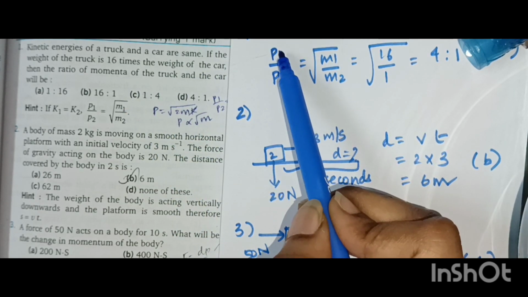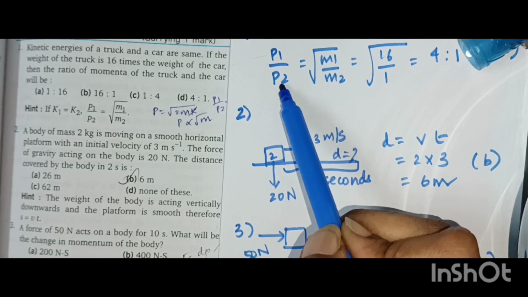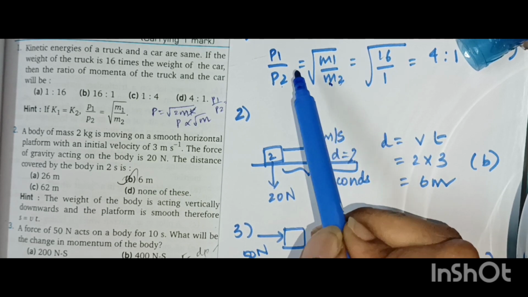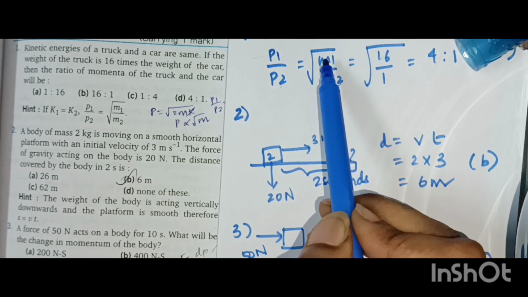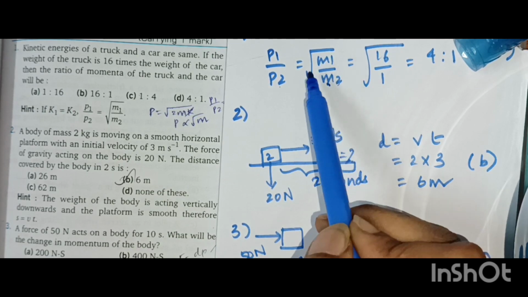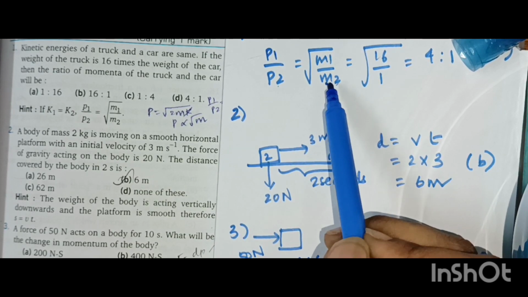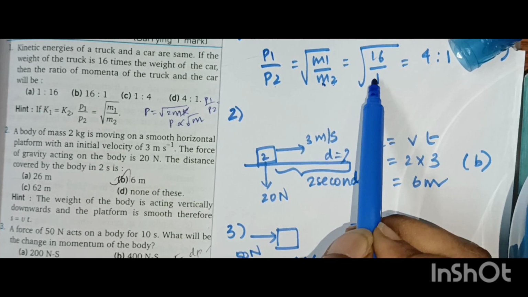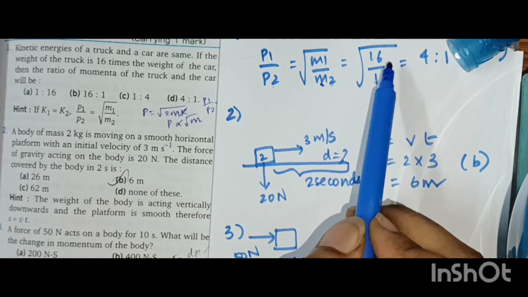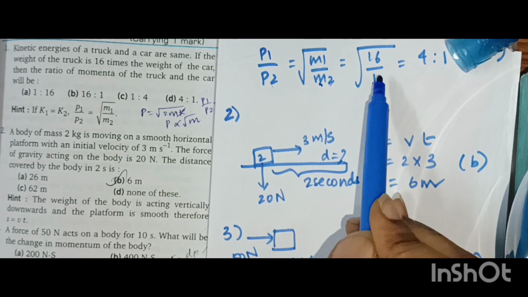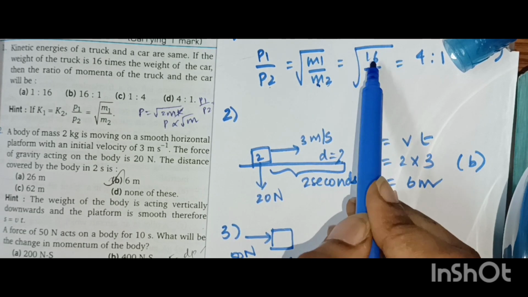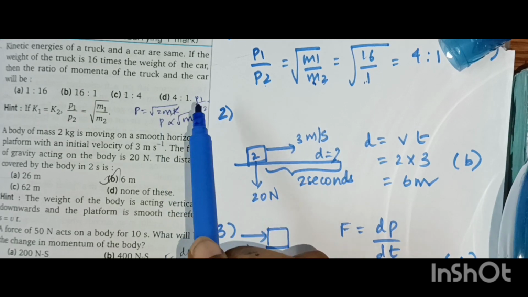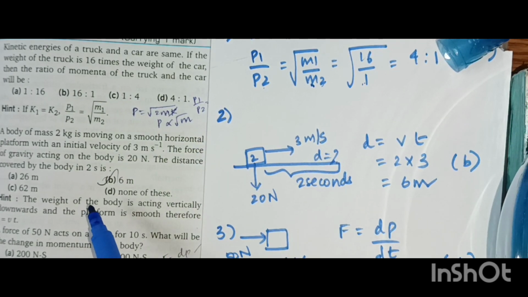If P1 is the truck's momentum and P2 is the momentum of the car, then P1 by P2 is root over m1 by m2, the mass of the truck by the mass of the car. The mass of the truck is 16 times the mass of the car, so it is root over 16 m by m, which is root over 16 by 1, that is equal to 4:1. So the option is D. That is the correct answer. Now let us see question number 2.